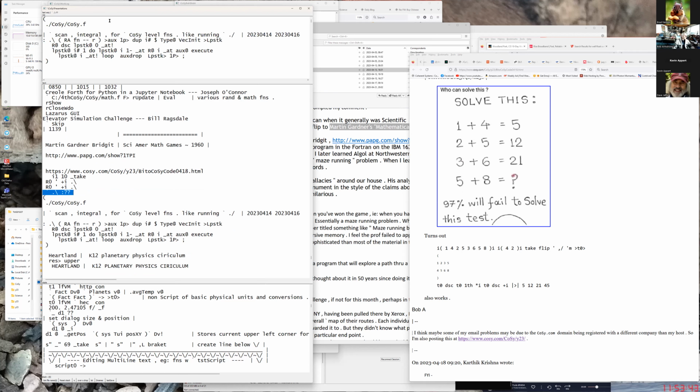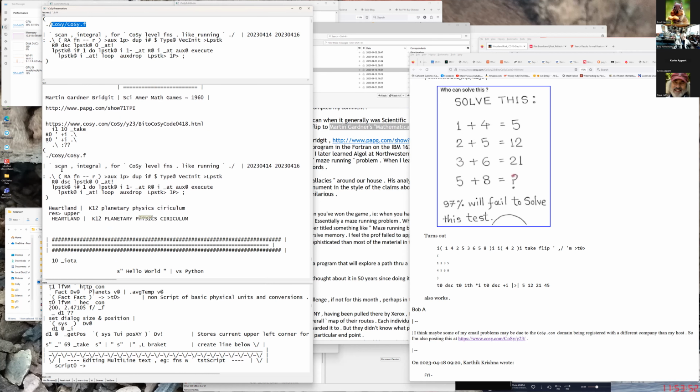Anyway, the definition of Cozy is here, in my Forth file. This is very Forthy.